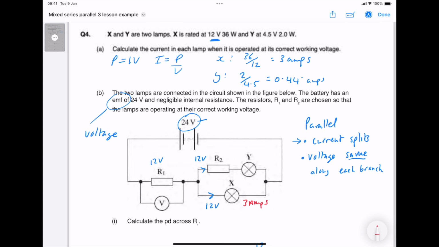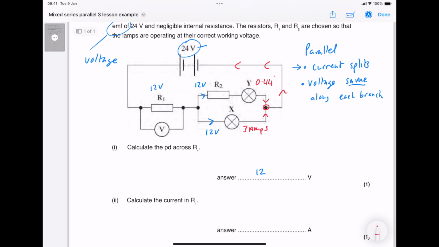Whereas in the branch where Y is located, there is 0.44 amps running through that part. At that point, which I'm marking with the arrows, the 2 parts of the current recombine, and then that total current will flow around the series circuit. So if we got 0.44 along one branch and 3 amps along the other, it's both of them added together. So 3 plus 0.44 gives me about 3.44 amps in the main circuit.